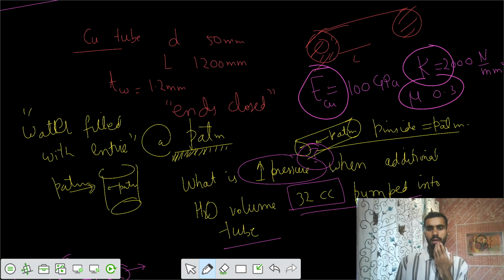So we need to find how we can get this increase of pressure because of the increase in volume of water, the addition of that extra water.